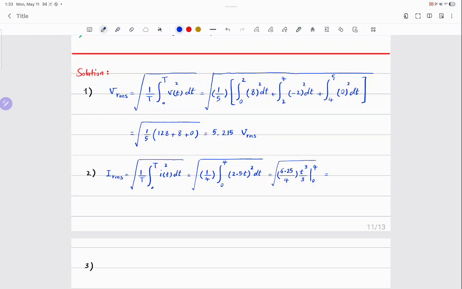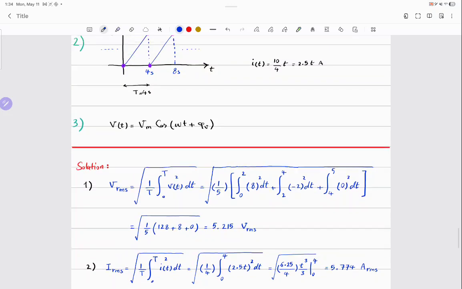I trust you can do the same. You can do the rest. So 5.774 amps RMS. I think even your calculator can do some at that point.